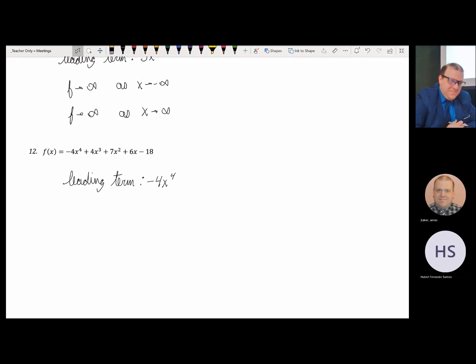Even, and yeah, it goes down. You could just take the previous one, right? So what's the end behavior? F goes into negative infinity as x goes into negative infinity, and F goes into negative infinity as x goes into positive infinity. And there's your end behavior.